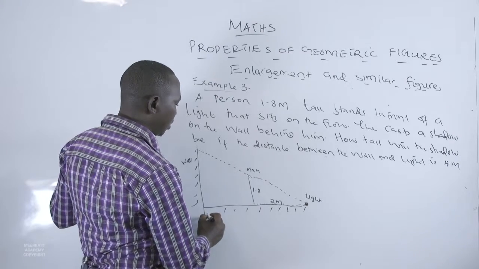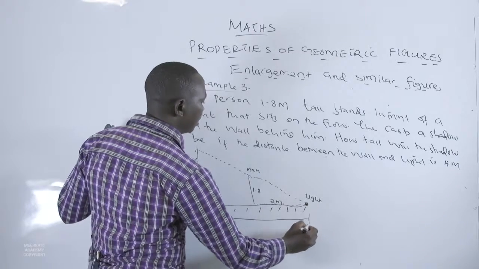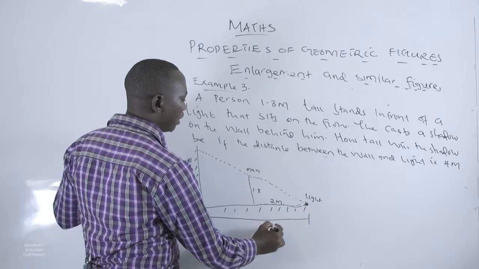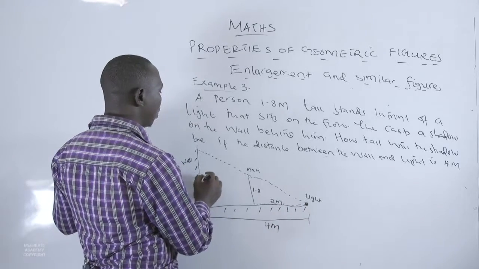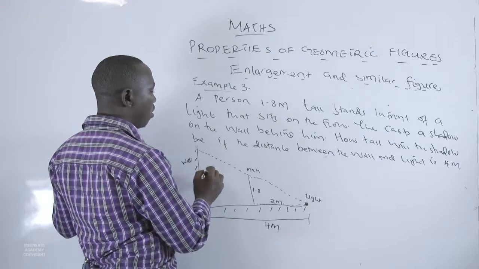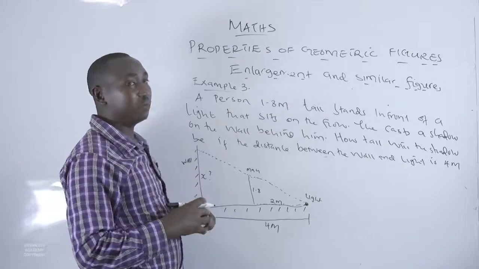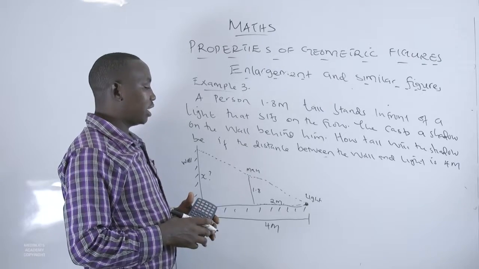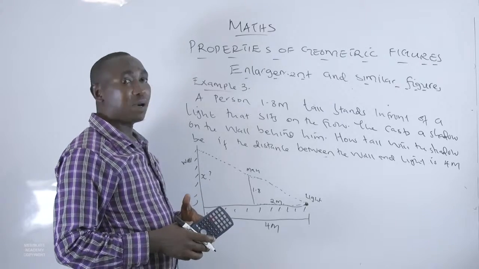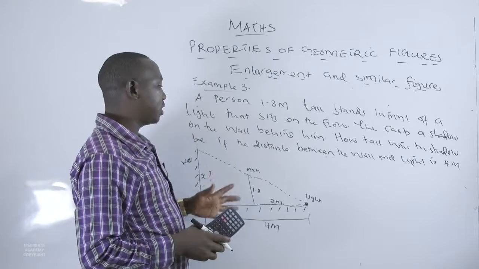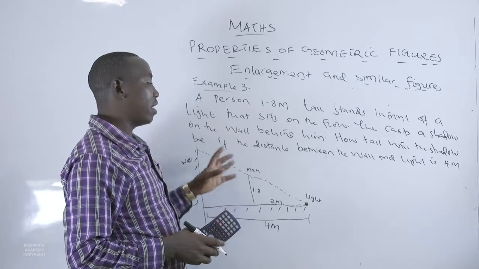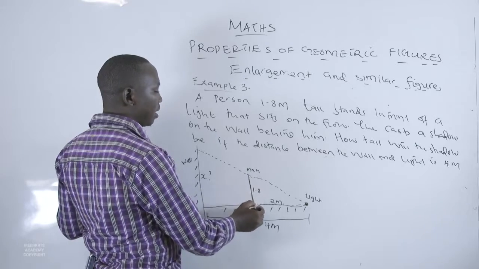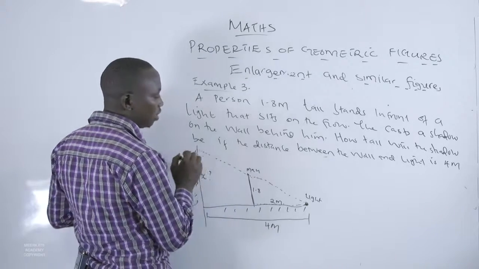So the question is, if the distance from the light up to the wall is 4 meters, what will be the length of the shadow this man will be casting on the wall? So the same, we need to apply the aspects of the scale factor. As you can see, we have 2 triangles here.